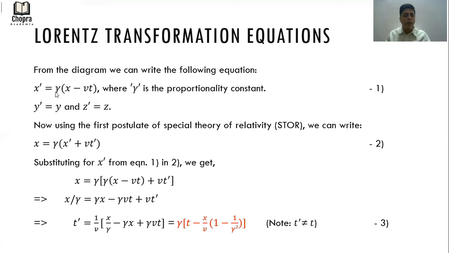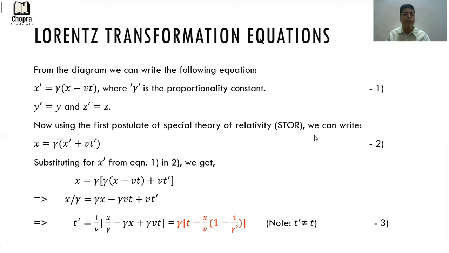Now, using the first postulate of special theory of relativity, which says that the laws of physics remain the same in all inertial frames of reference, I can as well write, look carefully here, these are the direct equations, primed quantities on the left-hand side.